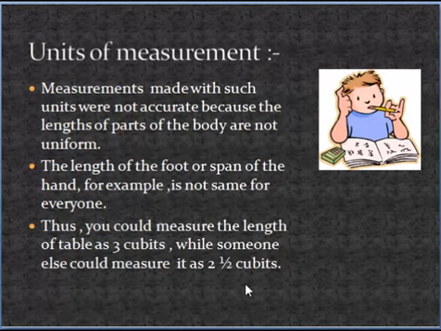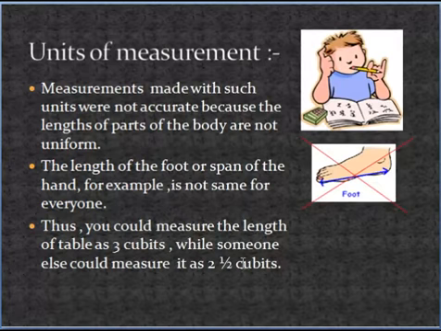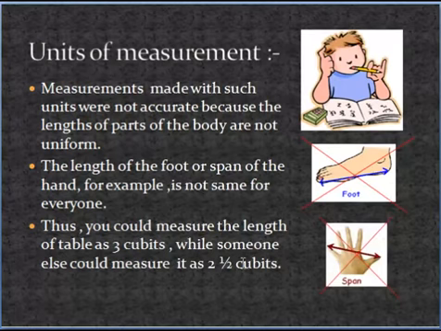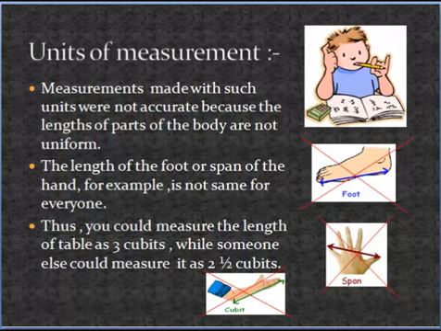Thus, you could measure the length of a table as 3 cubits, while someone else could measure it as 2.5 cubits. So we can say that the cubit is not identical, the span is also not identical, and the cubit is also not accurate.